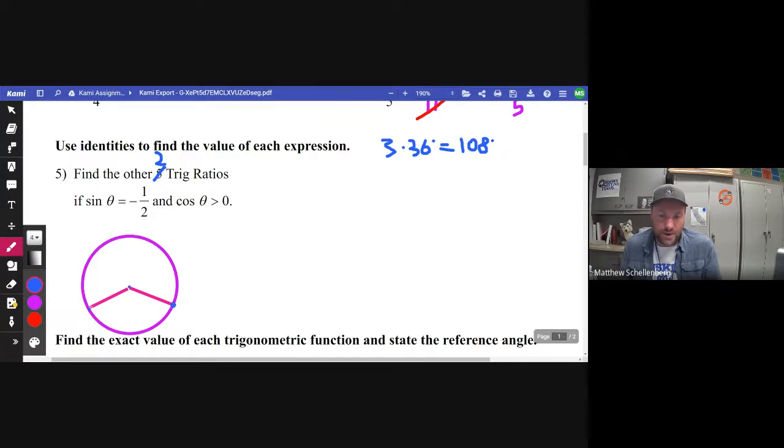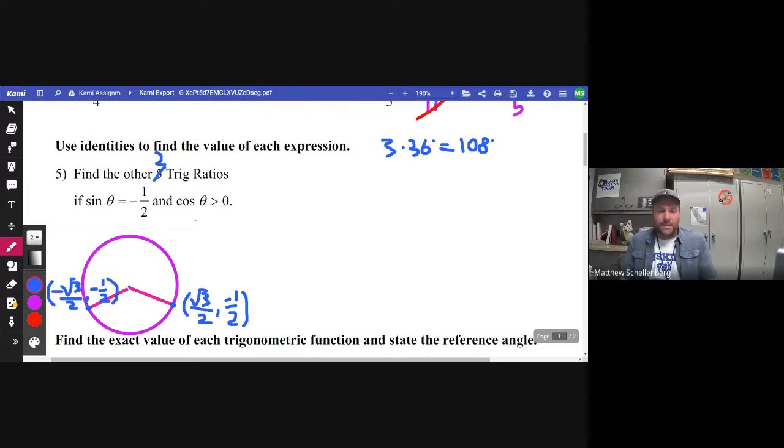And what you'll see if you look at your unit circle is that this coordinate here is square root of 3/2, comma, -1/2. And the one on the other side is just like it, except that the cosine will be negative. So we have negative square root of 3/2, comma, -1/2.